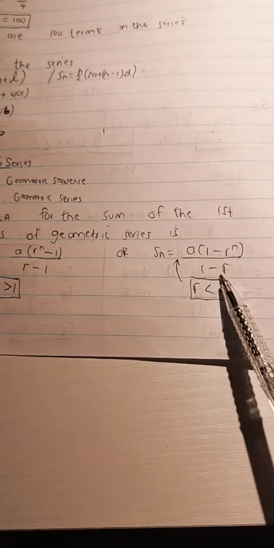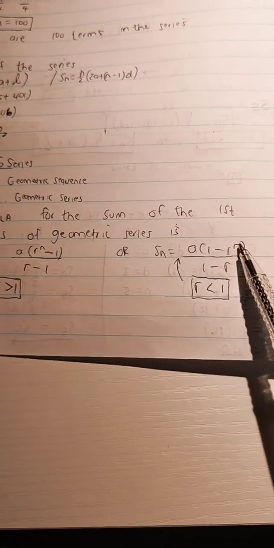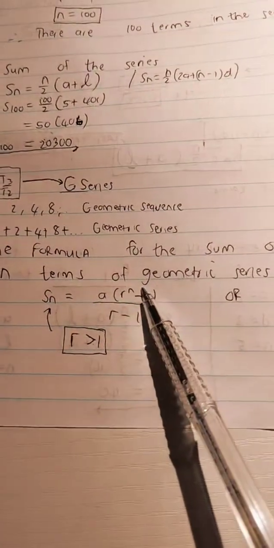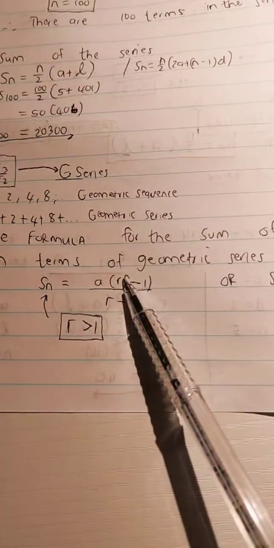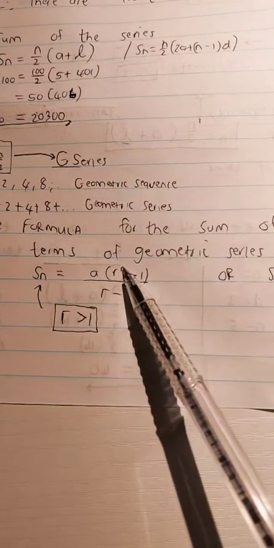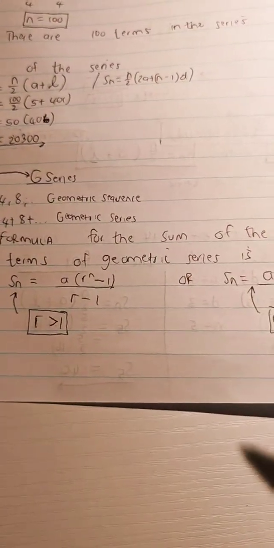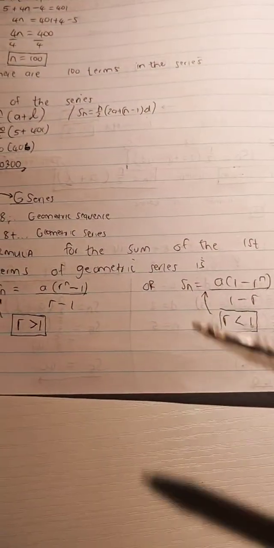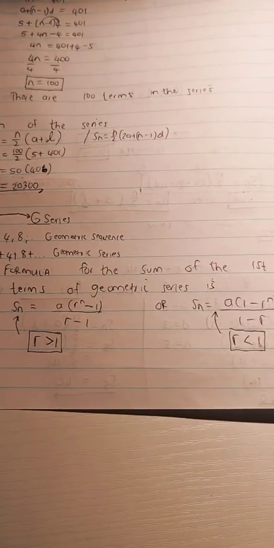Please take note of what's inside the bracket. When r is less than 1, it's 1 minus r to the power n in the bracket, and in the denominator 1 minus r, there's no exponent n. Look here: in the bracket, it's r to the power n minus 1, over r minus 1. Once again, the r has an exponent n. Okay, it's good when you know these formulas off by heart, but of course you will have the formulas available on the formula sheet.